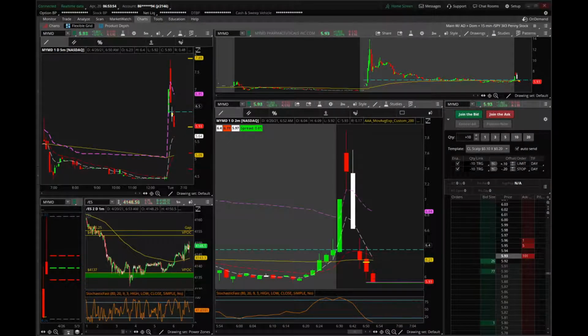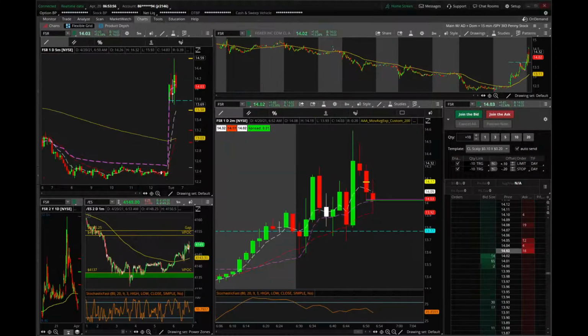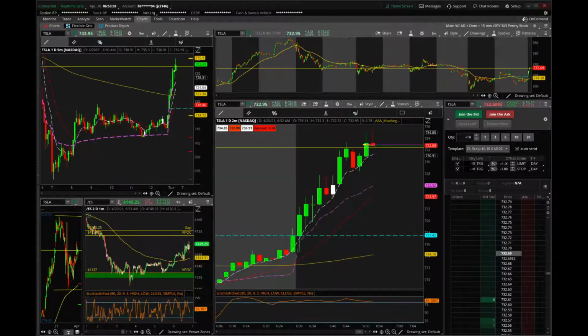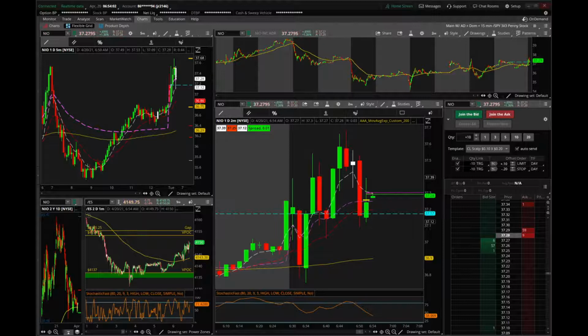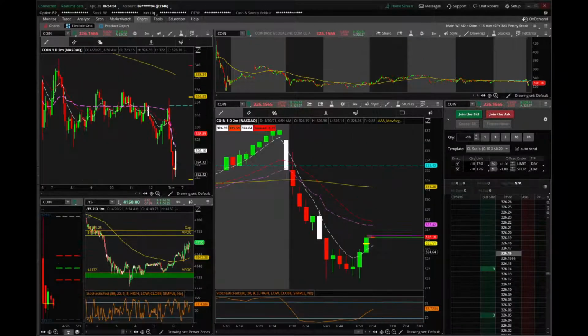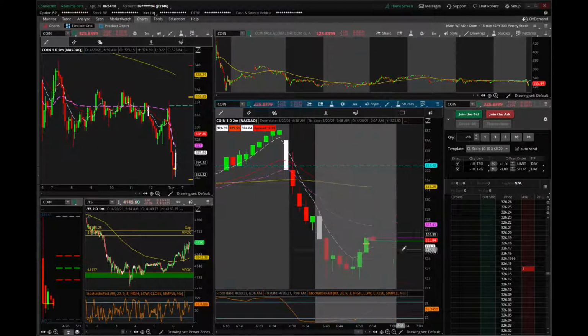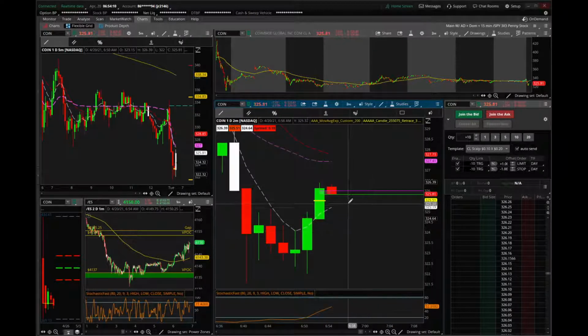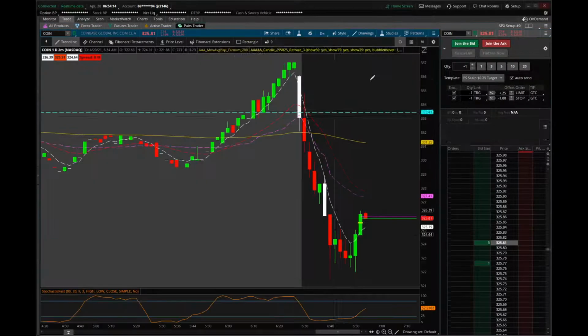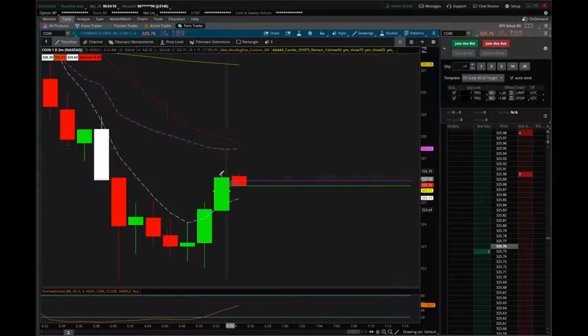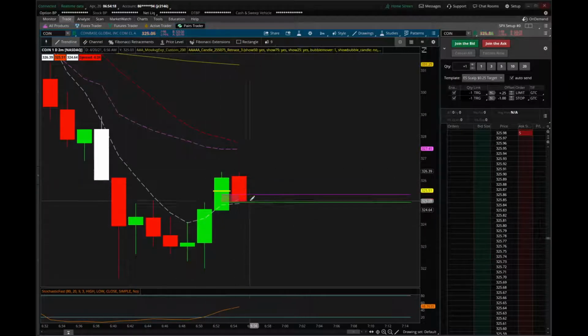Take this guy off, MYMD, FSR. Don't like him. Neo, plug, coin. Let's take a look at coin real quick, because look, we have that reversal.